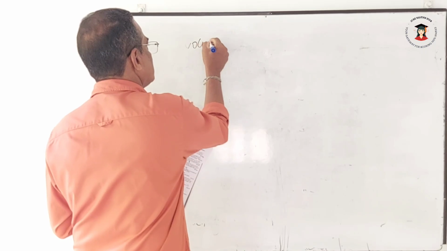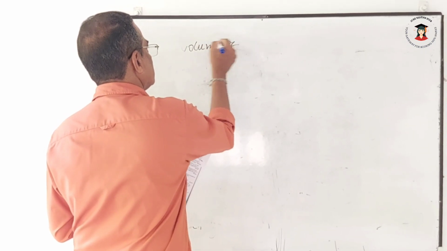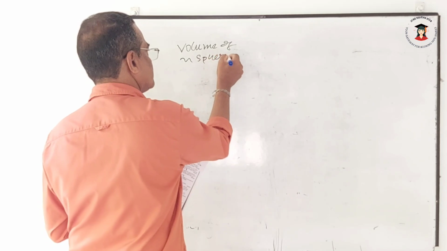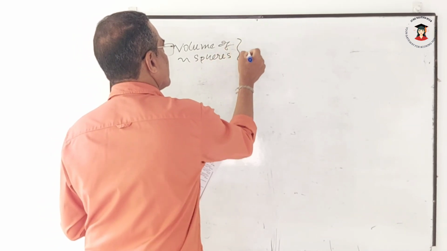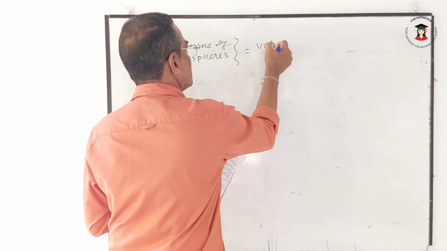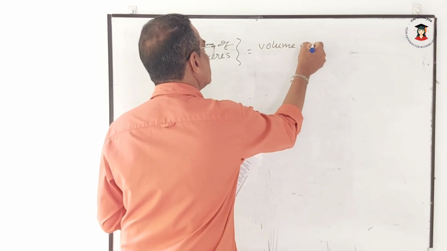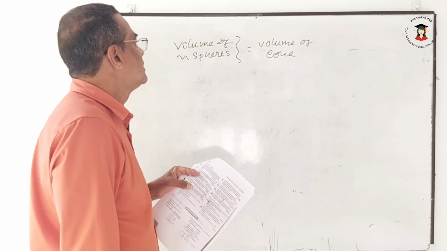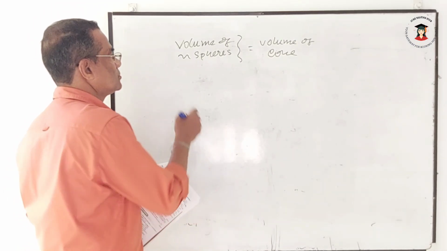There is only one cone and there are a number of spheres.